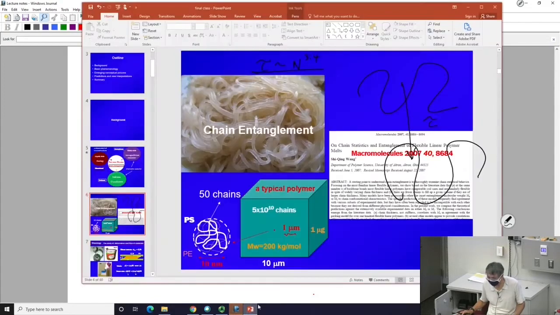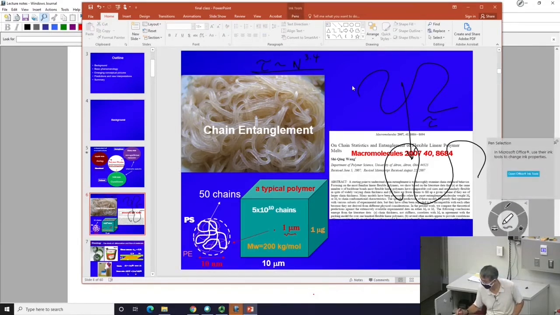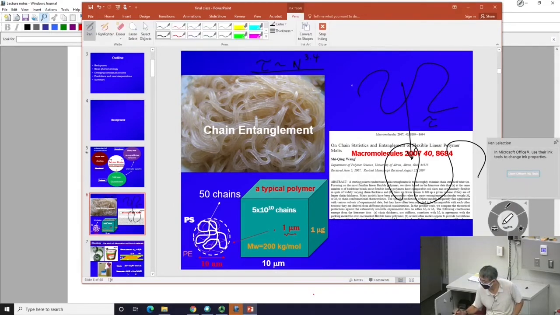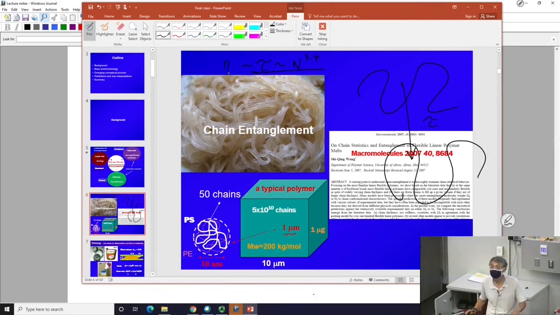I'm just trying to offer you that our polymer does all kinds of strange things. Our polymer is such that, again, described in book chapter 2, we don't need to get there. But basically, for the polymer we're dealing with here, the viscosity will be proportional to the relaxation time.